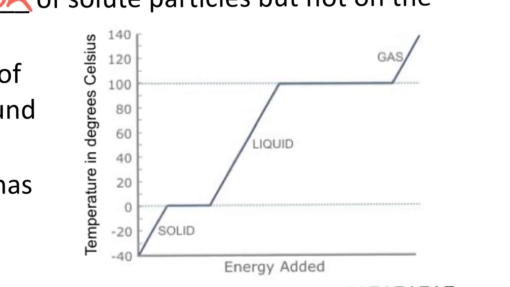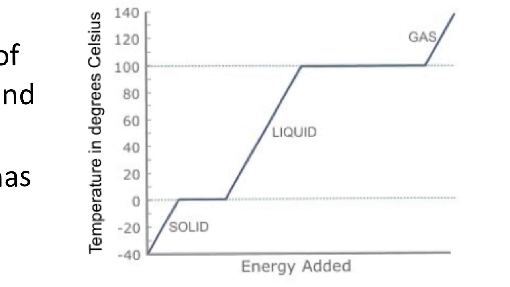So looking at this, this would be the curve for water. So this would be the freezing point of water. It freezes at 0 degrees Celsius. Water boils, this is the boiling point, at 100 degrees Celsius.